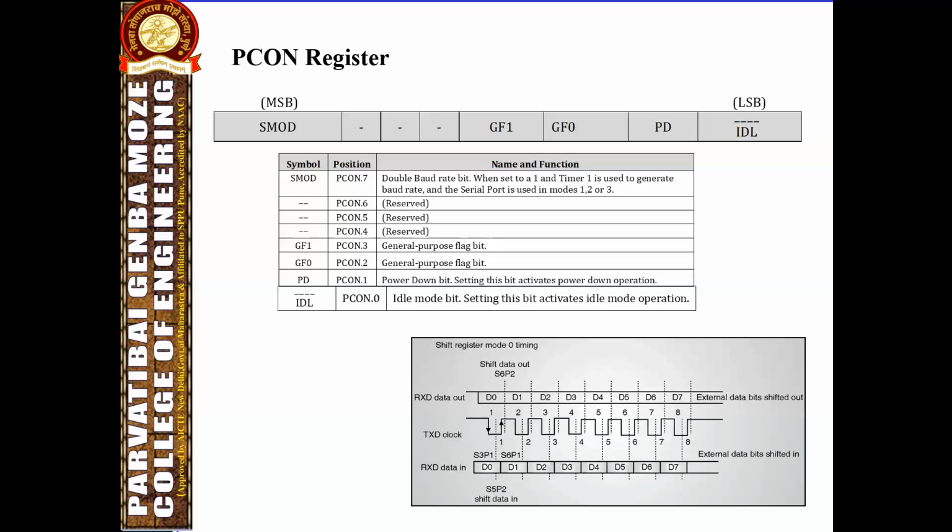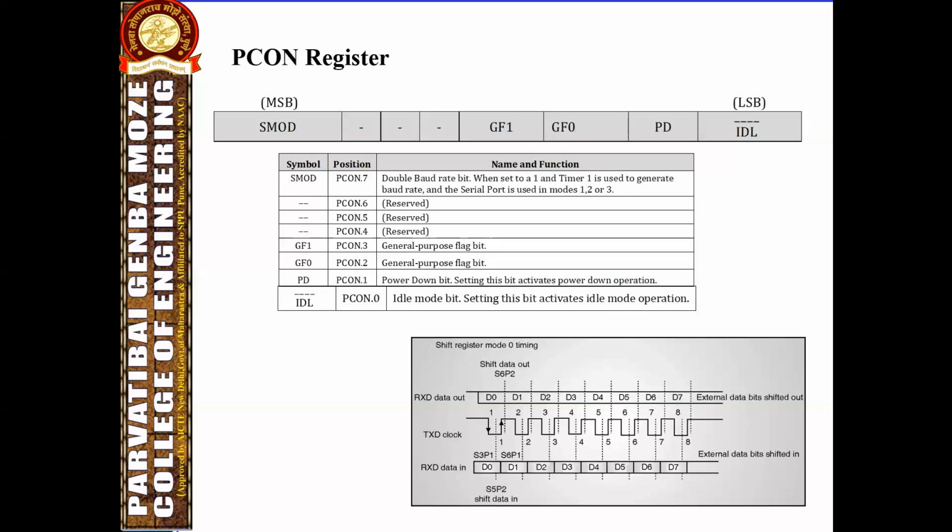In this mode, the number of transmitted bits is 11, that is, 1 start bit, 9 data bits and 1 stop bit. The 9th data bit to be transmitted is stored in the TB8 bit in the SCON register, and is stored in the RB8 bit in SCON when the data is received. The start and stop bits are discarded.